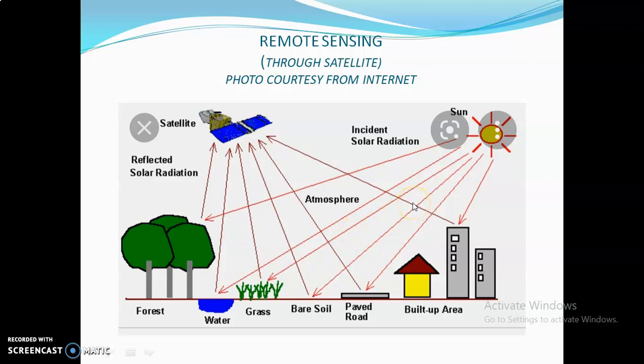We can see only a flower for a moment, but the satellite sees reflection from these buildings, from paved road, from bare soil, grasses, water, forest cover. All these reflections are absorbed by this satellite, and it is taking the photograph of a larger area. So it's really useful to know the differences, the variations and everything.